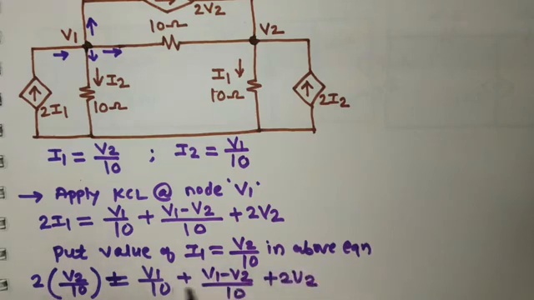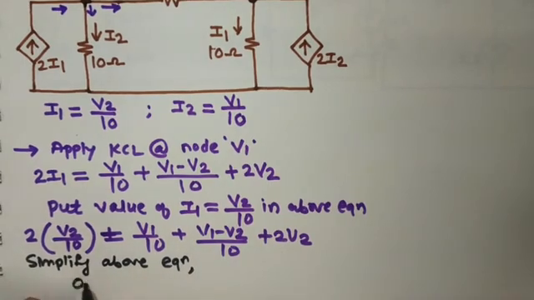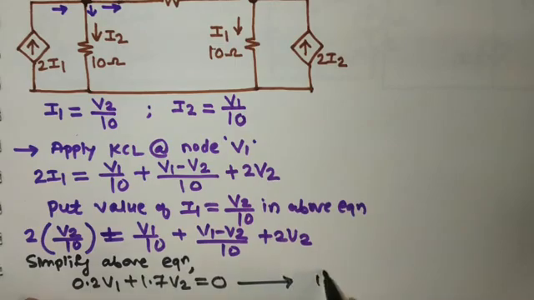So in this particular equation, all the terms consist of only voltages. Simplifying the above equation, after simplification we get 0.2 V1 plus 1.7 V2 is equal to 0. Let us call this equation number 1.